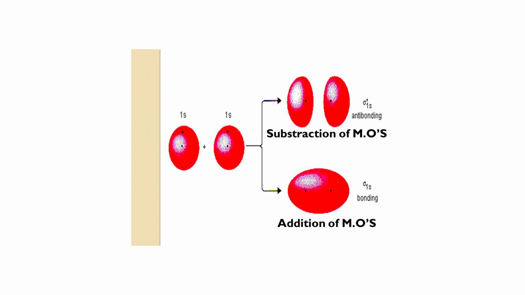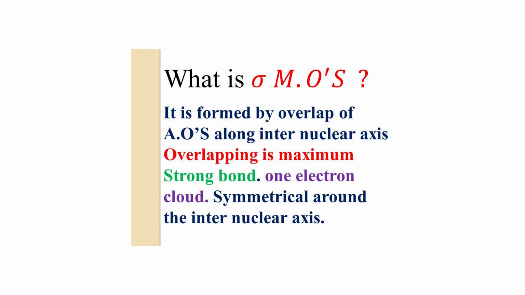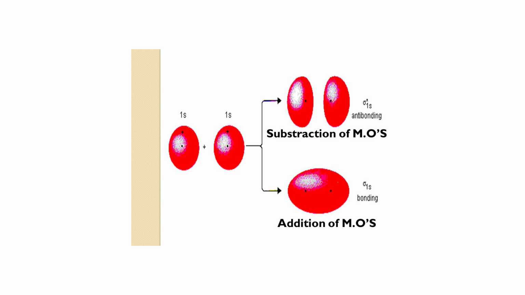That is, 1s atomic orbital added to another 1s atomic orbital by bonding molecular orbital, that is addition, gives one electron cloud symmetrical around the internuclear axis, forming sigma 1s. Likewise, when a 1s orbital is subtracted from another 1s atomic orbital by AMO, by the subtraction method, we get two electron clouds.